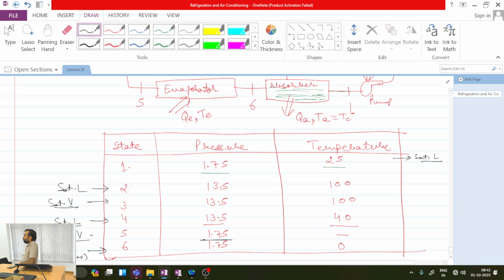Because in the evaporator, once it has taken the heat, it will be converting into liquid plus vapor phase. Is this point clear or not? Please tell me. All are clear to this point? Yes. So now can you tell me how to locate 1.75 and 0? What will I be doing?